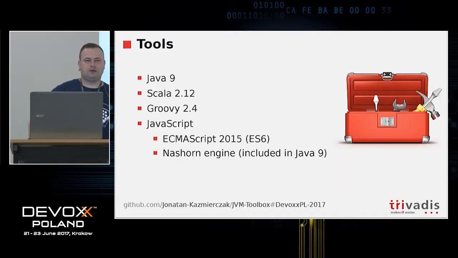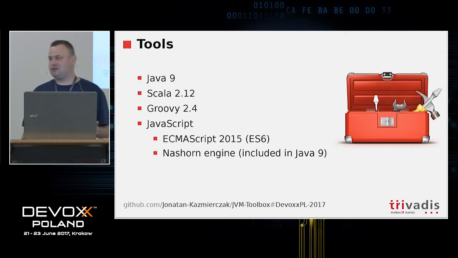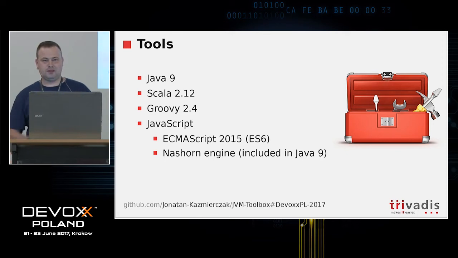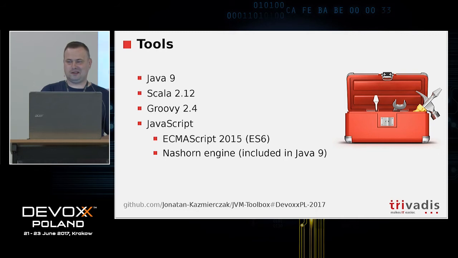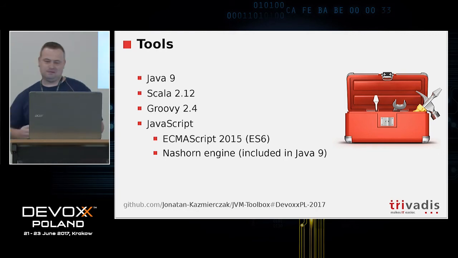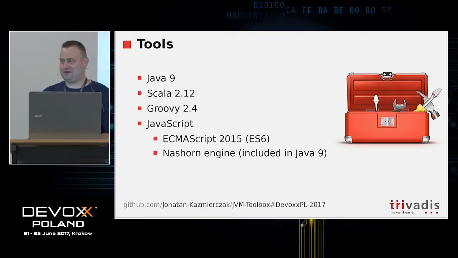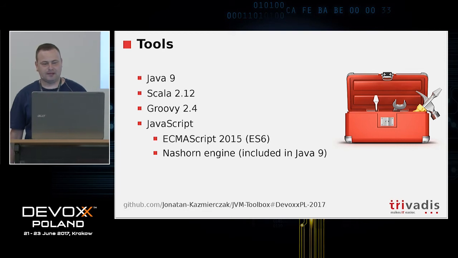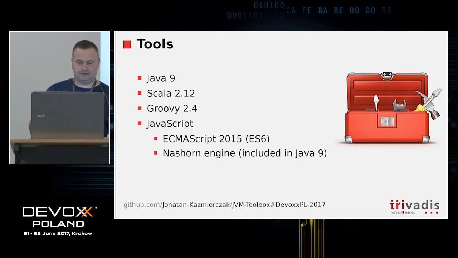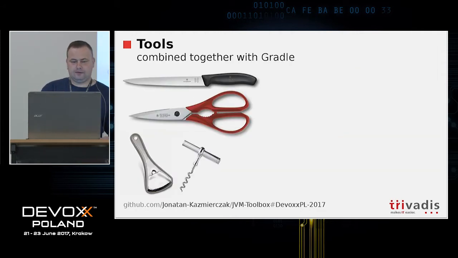What tools are we going to consider in this talk? Java 9, first of all, was supposed to be already here, but there is some shift, so probably it should rather be JVM Toolbox 2018, which would be more relevant. Then Scala, Groovy, and JavaScript, by which I mean ECMAScript 2015 running on Nashorn, which is in Java 9.